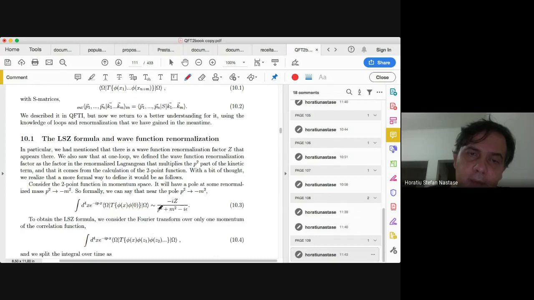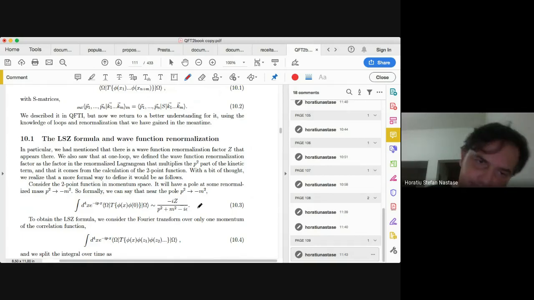Then formally we can say that the dependence near the pole is this factor minus iZ times the free propagator, so 1 over p squared plus m squared minus i epsilon.